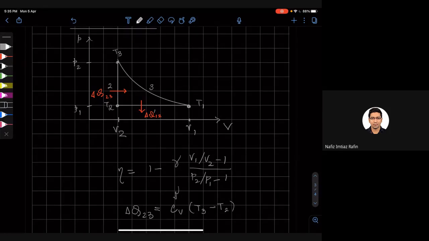So can we say that heat is going into the system? No, if we talk about the energy, in phase one heat is actually being given up by the gas, right? So delta Q12 would be proportional to, say, T2 minus T1, which is a negative quantity. And what would be the constant of proportionality here?